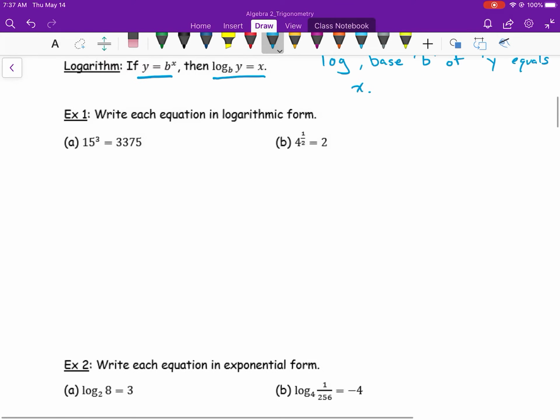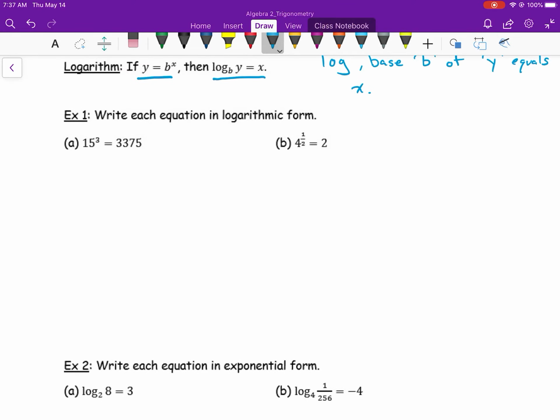We're going to take these exponential functions and write them in logarithmic form. So I want to label my y, my b, and my x. For example 1a, y is 3,375, the base is 15, and x is 3.